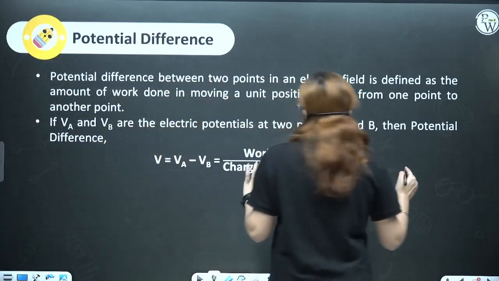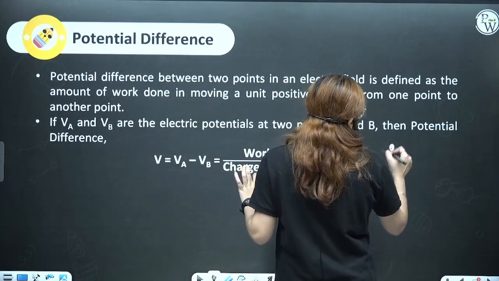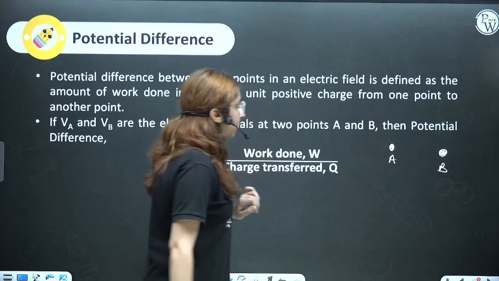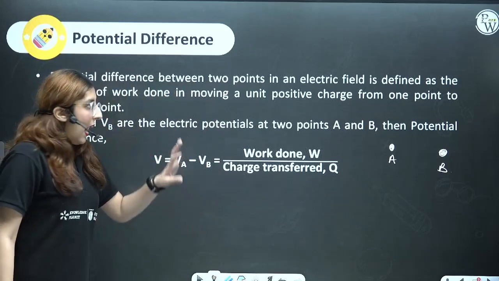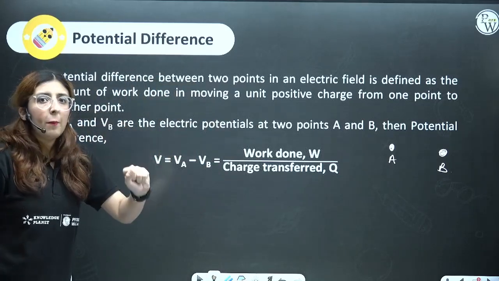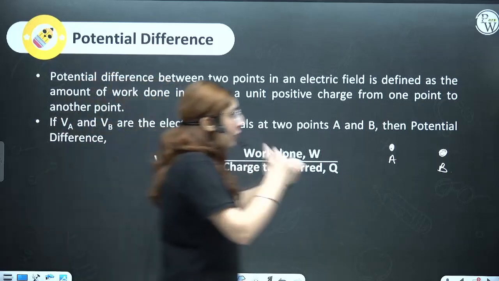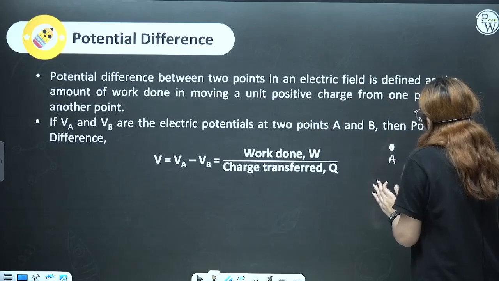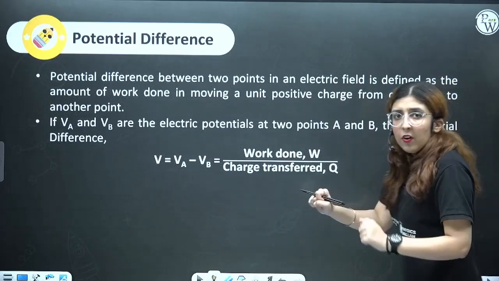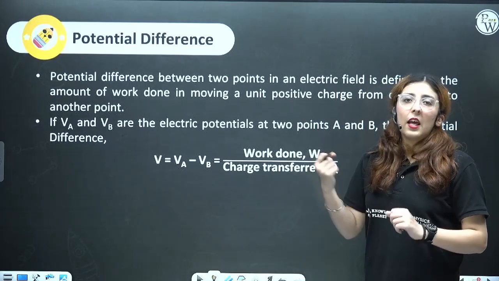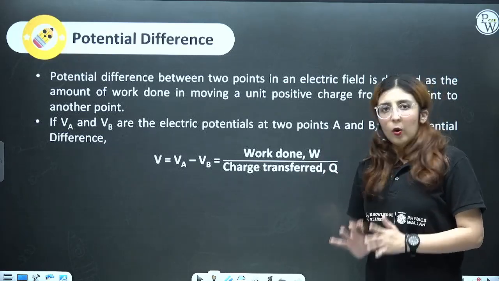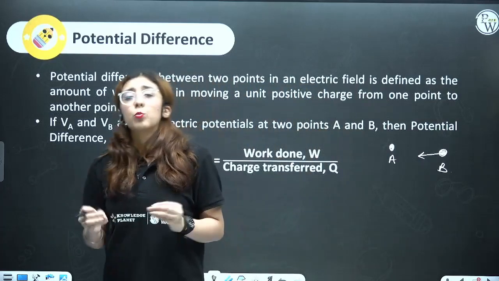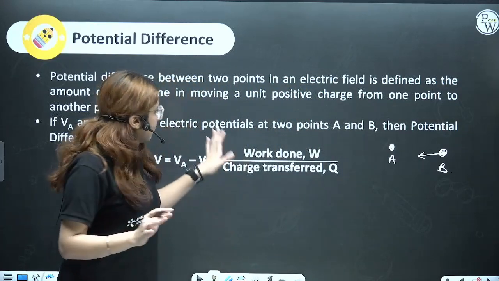Two points are there, A and B. When I am bringing my one positive charge closer to another positive charge, the amount of work that I will do is nothing but your potential difference. Let us not go into that depth because I believe a lot of you will get confused with that part. So, you keep your things till here only.